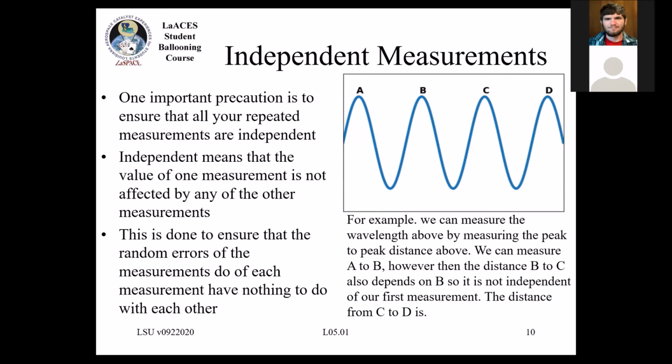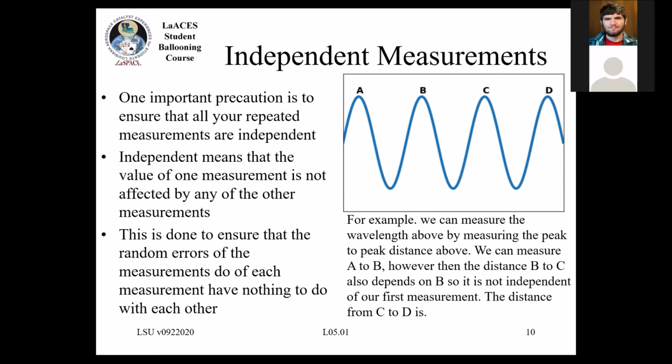So for example, if I'm trying to measure the wavelength by looking at the distance from peak to peak, like on the graph there, I can measure from point A to point B, and that gives me one measurement of the wavelength.